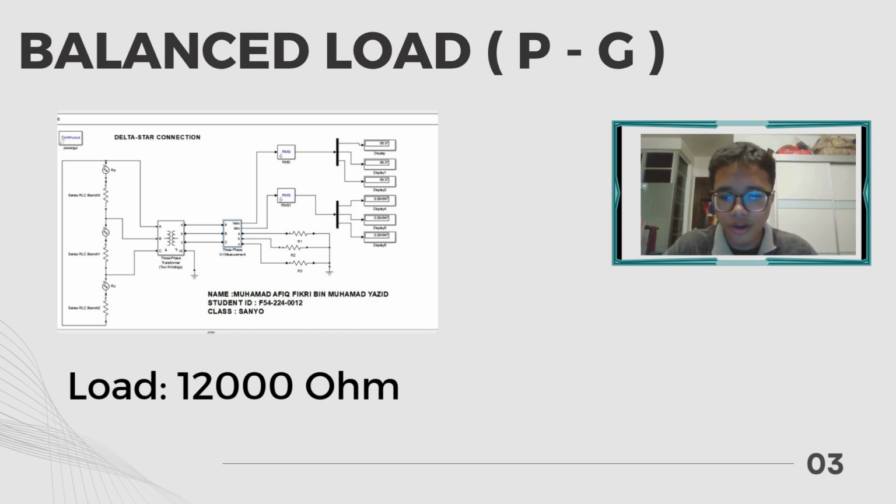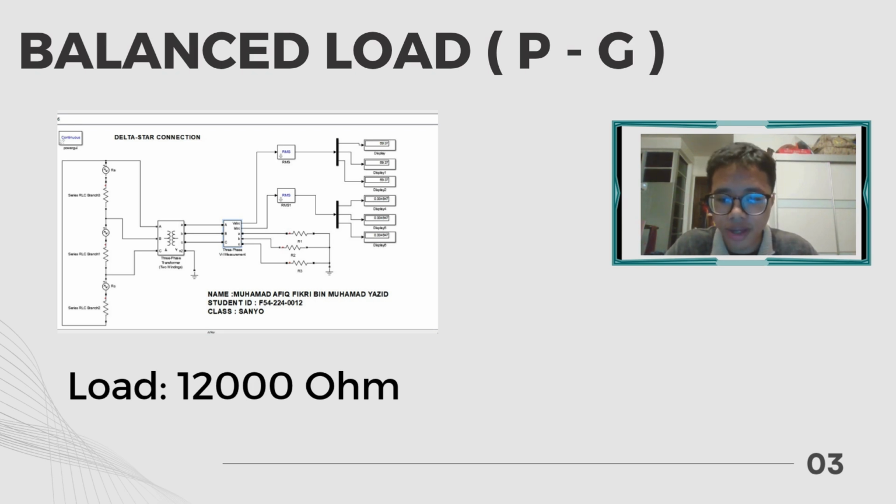Now, looking at the current readings, the line current, which is the current flowing from the source into each line, was 0.0257 amperes. The phase current, which flows through each resistor in the delta configuration, was measured at 0.01484 amperes. In a delta system, the line current is square root 3 times the phase current.